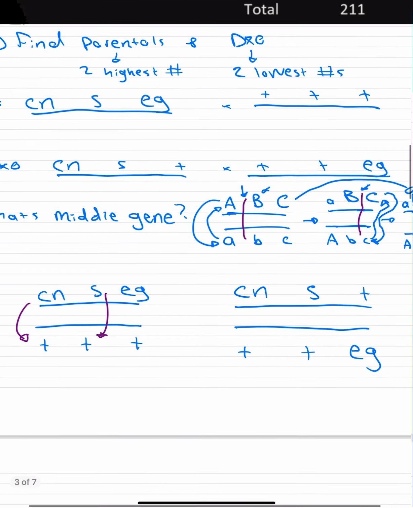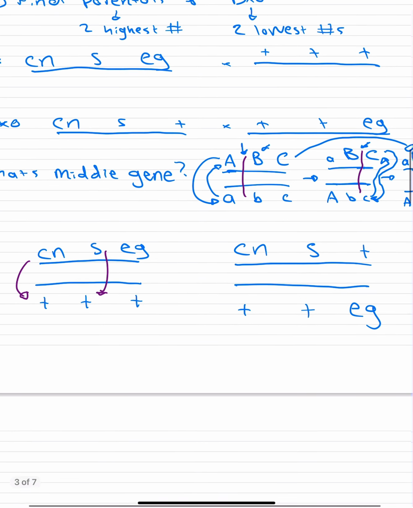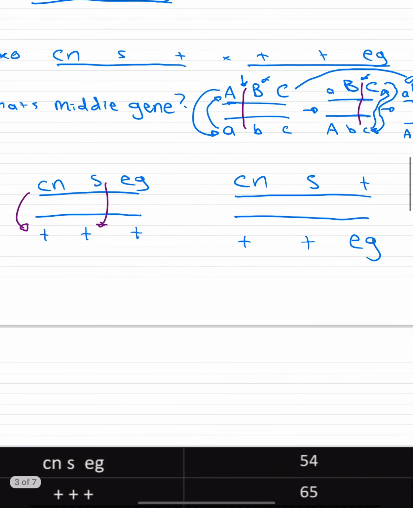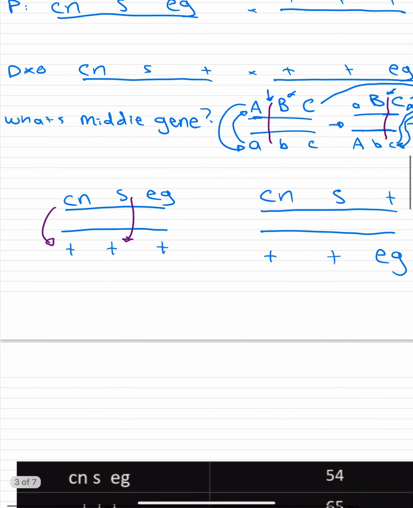So now we're going to rewrite this genotype with EG being in the middle. So the genotype appears to be something like CN, EG, S, with the pluses all corresponding for each of the specific genes.